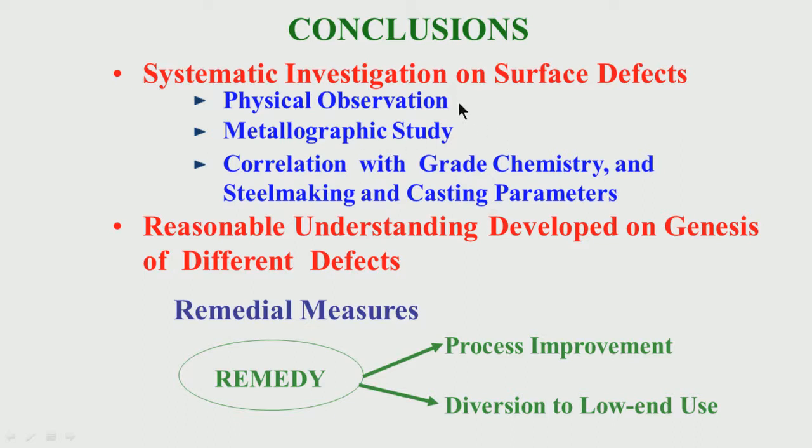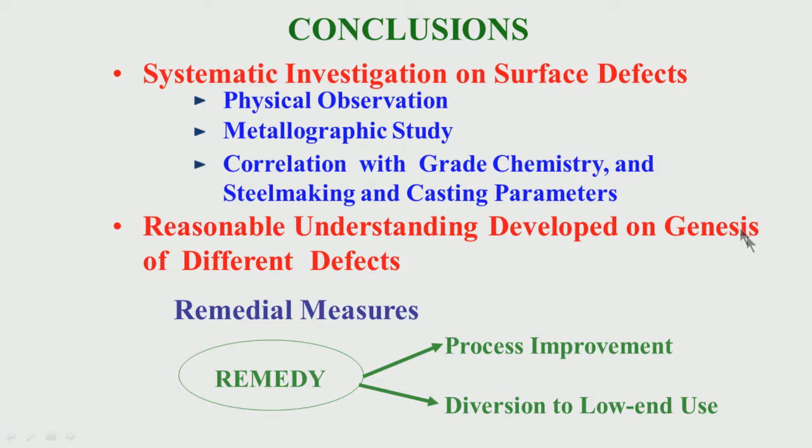That means we have taken samples from the defect areas, carefully observing what the defect is, how it looks with the normal eye and under the microscope. So, with metallographic study we have found out what the defects were, whether it was a crack, whether it was just entrapment. Then we have correlated with the grade, with the steel making and casting parameters.